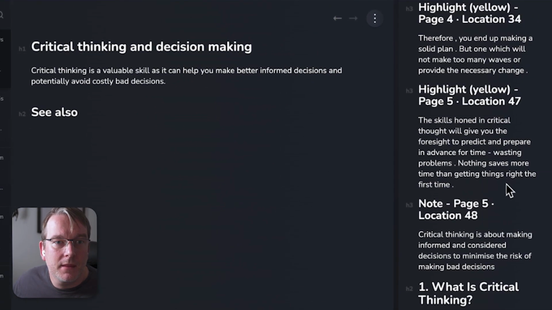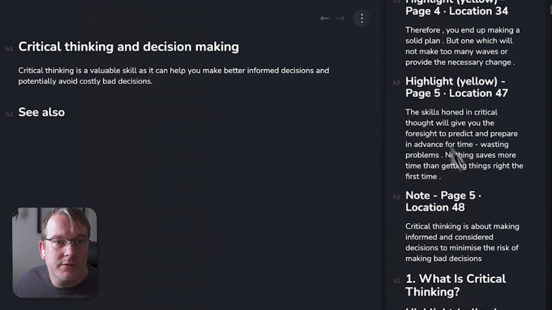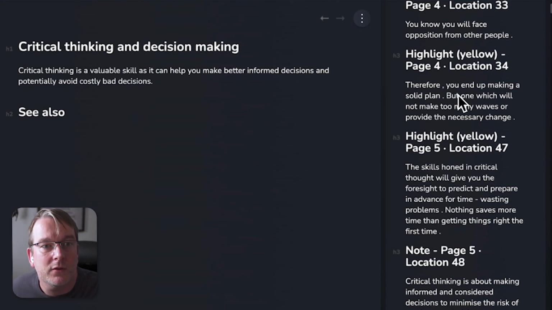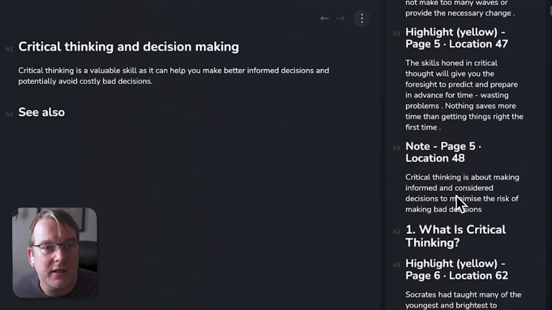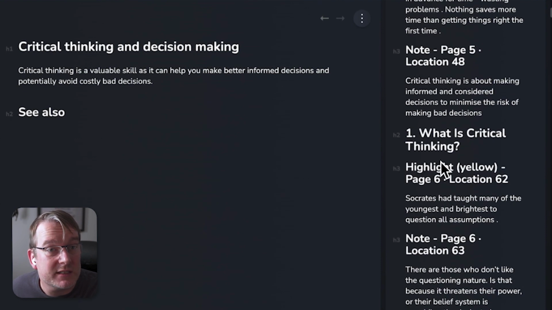So let's move on for the moment. So therefore you end up making a solid plan, one of which will not make waves. It's a critical skill to have the foresight. It's about making informed and considered decisions.